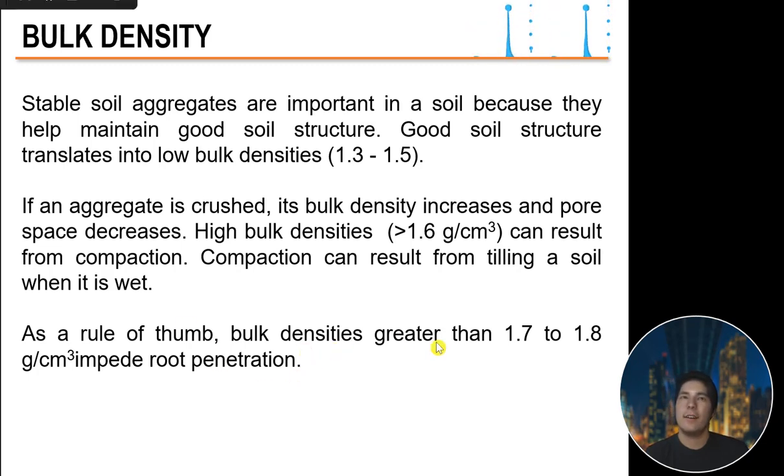So, as a rule of thumb, yung bulk density greater than 1.7 to 1.8 gram per cc impedes root penetration. So, in irrigation, di natin gustong dumating dito, no? Kasi di makaya i-penetrate nung ugat nung tanim yung lupa kasi sobrang compact eh. So, as much as possible, bughaw lang siya, no? Like, low bulk density.